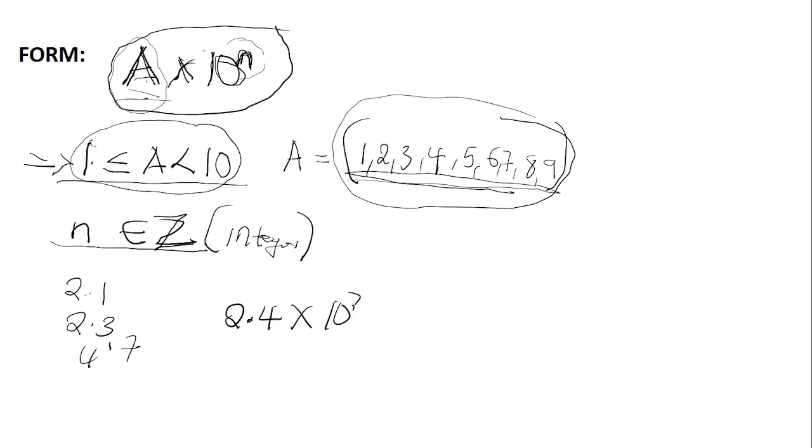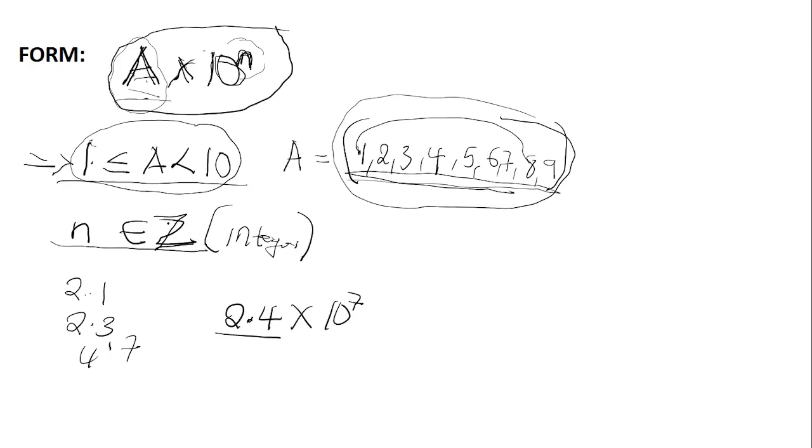A can even be a decimal number as long as it's between 1 and 9. That's the rule. Then this 7 that you are seeing here is a member of Z. Z is a set of integers, whole numbers, whether negative or positive.